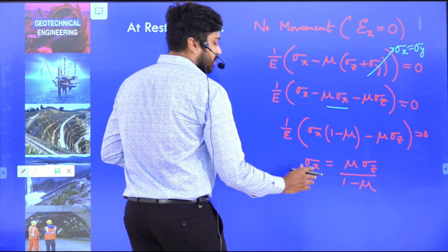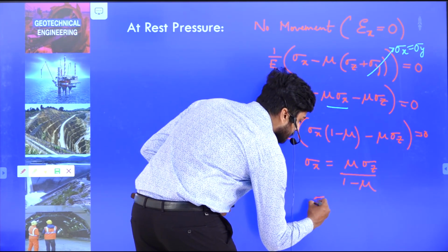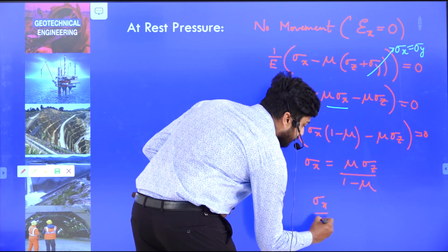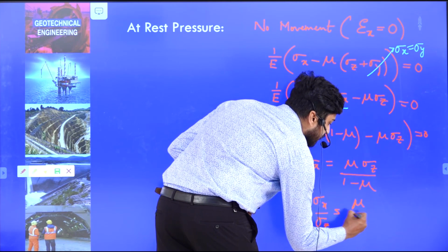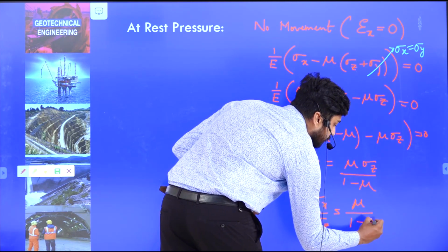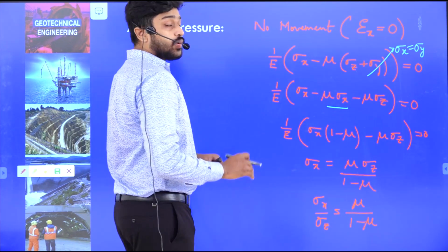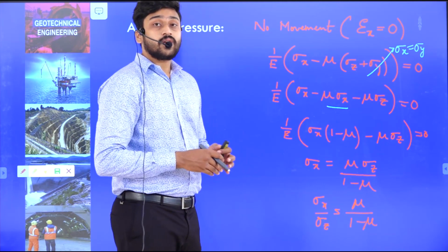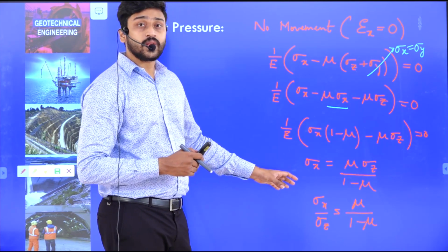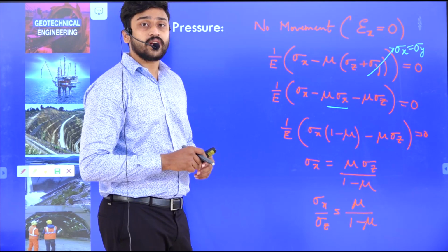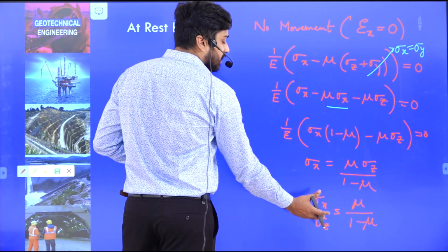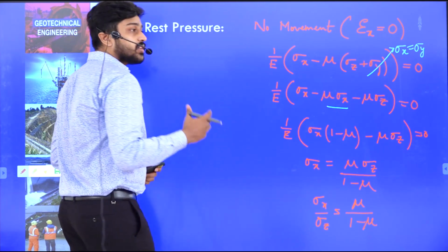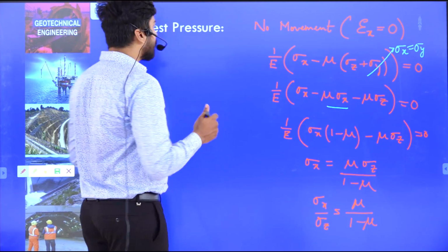So I can write sigma x by sigma z is equal to mu by 1 minus mu. From what we studied in geotechnical engineering 1, sigma x by sigma z is nothing but a coefficient.